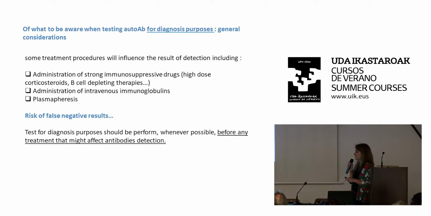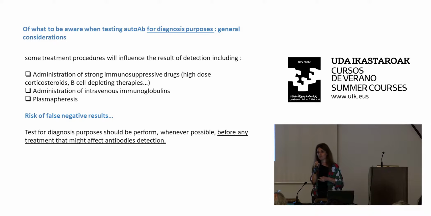So, just this slide. Of what to be aware when testing autoantibodies for diagnosis purpose, general consideration, please be careful, because some treatments, as you know, will influence the results of the detection of the antibody in the laboratory.